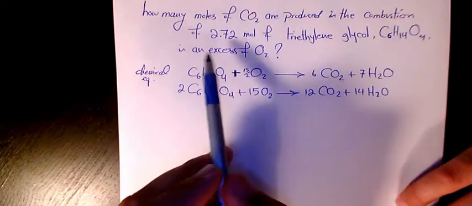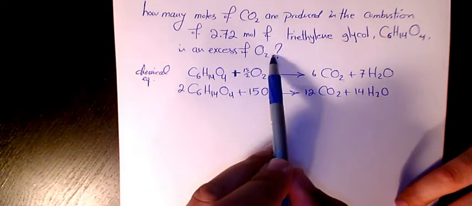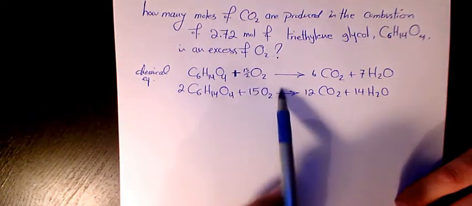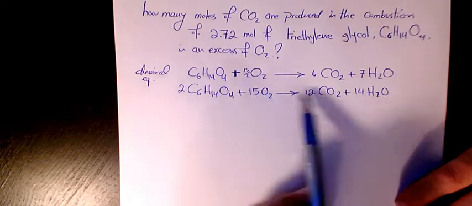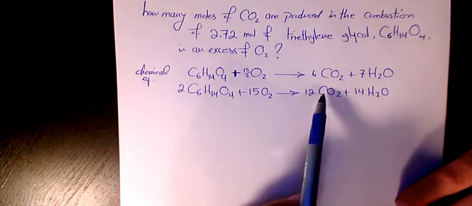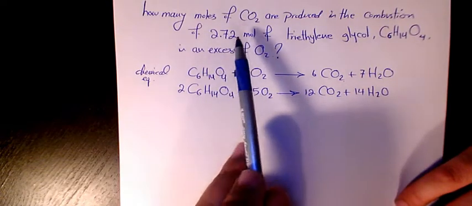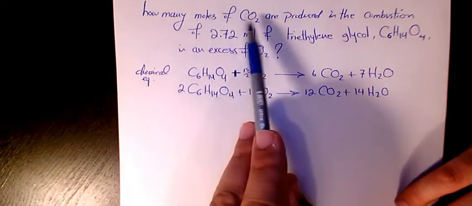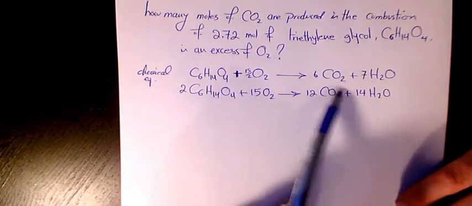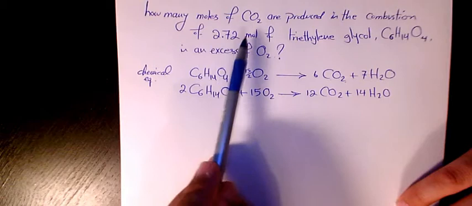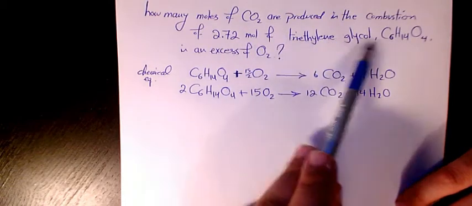Now it says in an excess of oxygen. It means that we have enough oxygen to have a complete reaction. And it asks how many moles of CO2 are produced in the combustion of 2.72 moles of triethylene glycol.